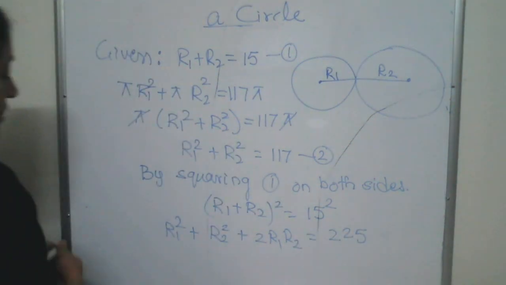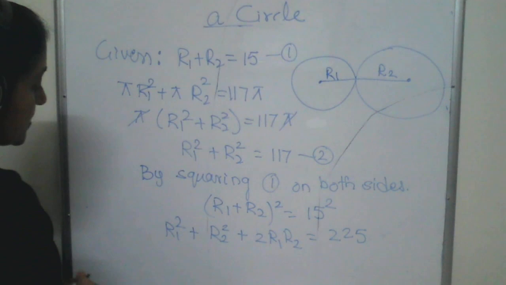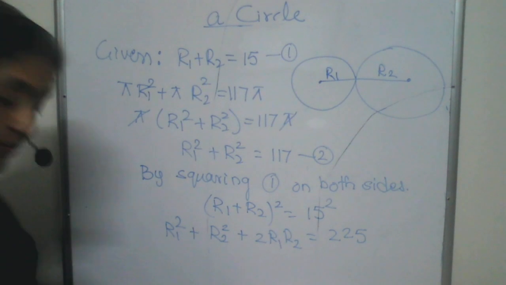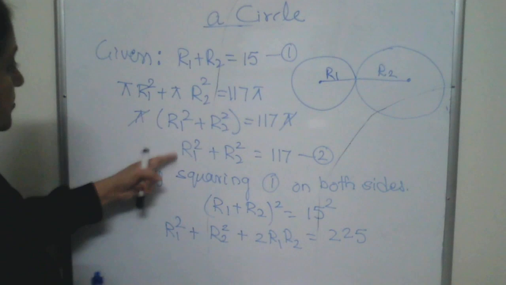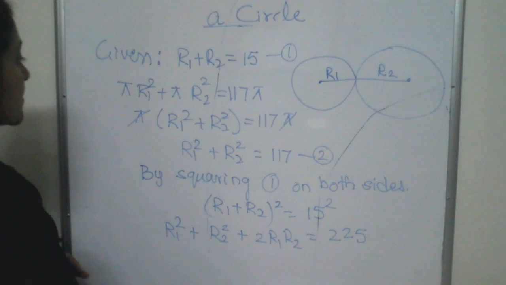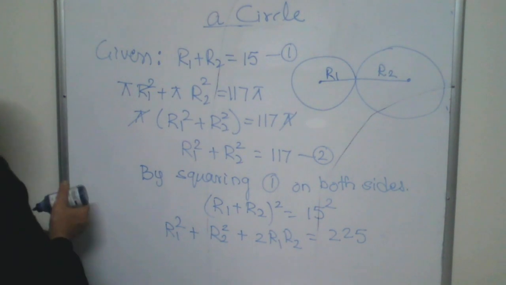Now we know the value of r1 square plus r2 square. How do we know? Because of these steps. It was given that the sum of the areas of the circles is 117 pi.